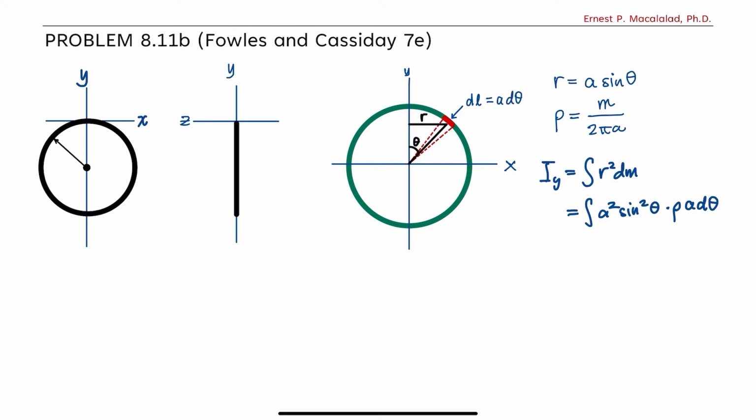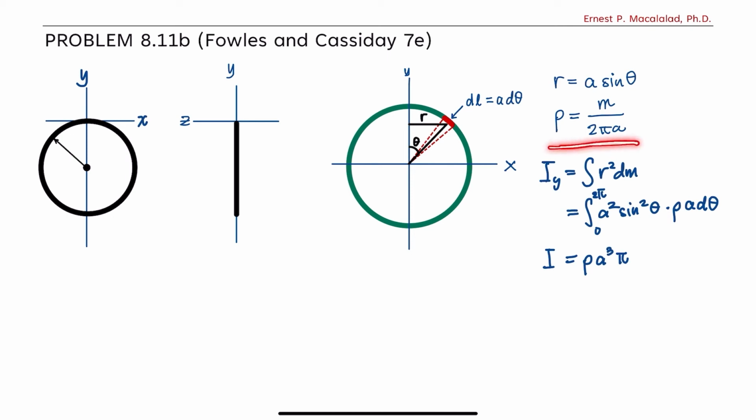As you will notice, the integration happens along the coordinate theta, which varies from 0 to 2 pi. Doing the integration, the moment of inertia about the y-axis would be equal to rho a cubed pi.